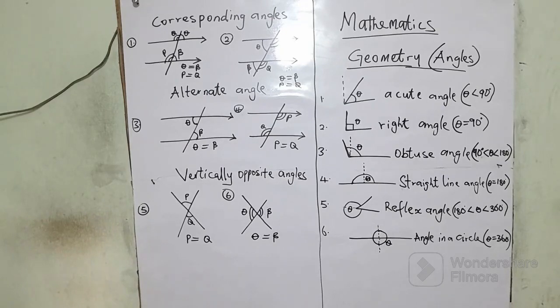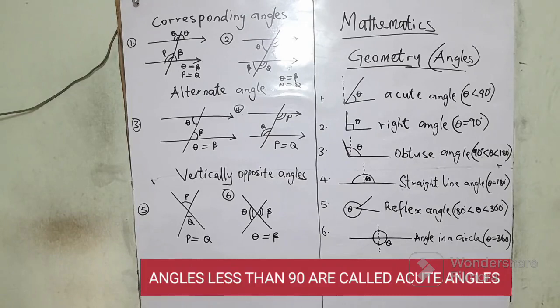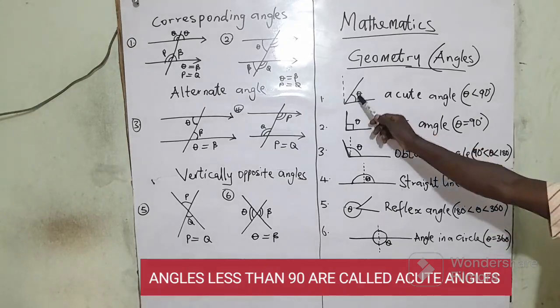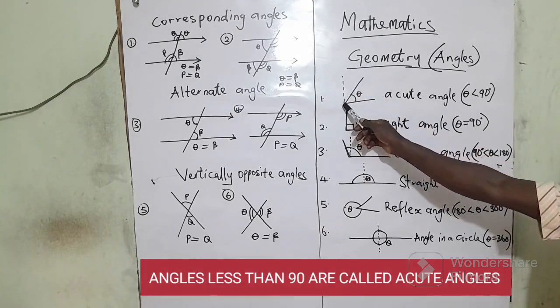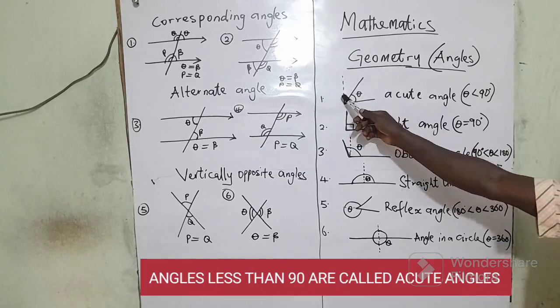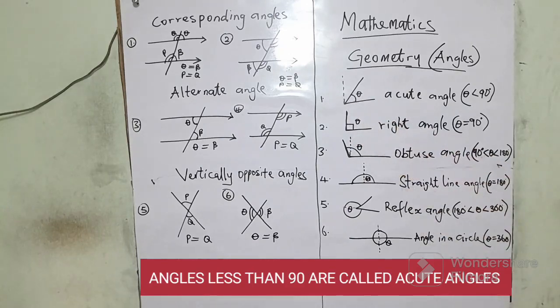When we look at the number one angle, which is the acute angle, we can see that acute angles are angles that are less than 90 degrees. We can see that from the bracket. 90 degrees is a vertical line and a horizontal line, and the angle between them is called 90 degrees.